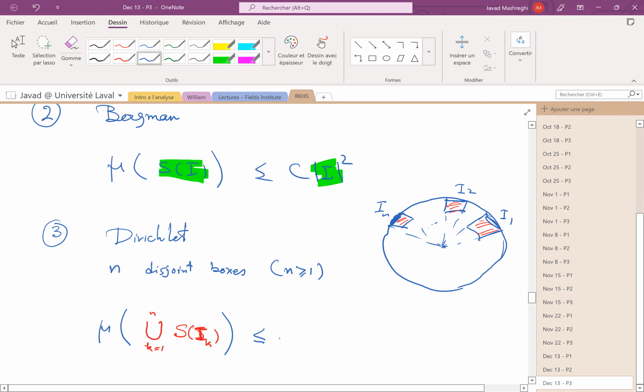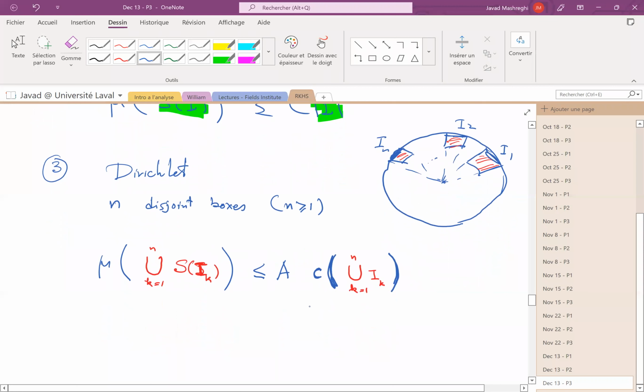Say I write A for the constant now, not to mix with what we have here, C, times the capacity, the logarithmic capacity, of the union over k from 1 up to n of Ik. So that's the second difference with the previous one.